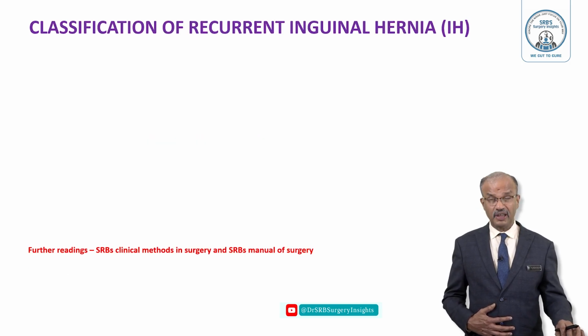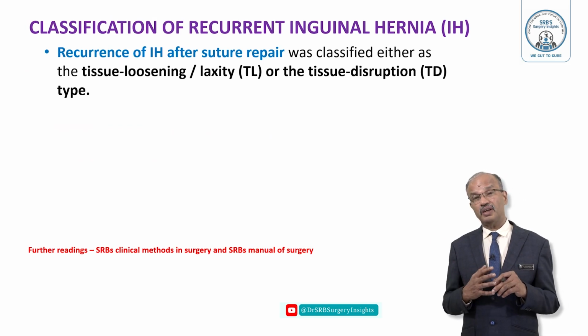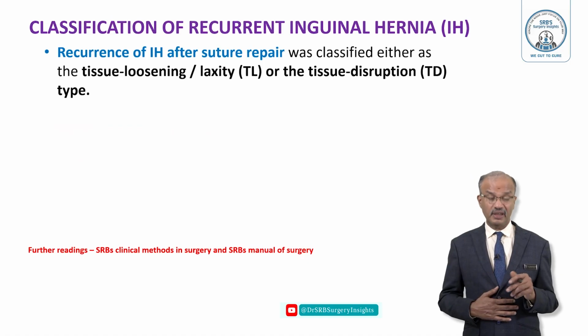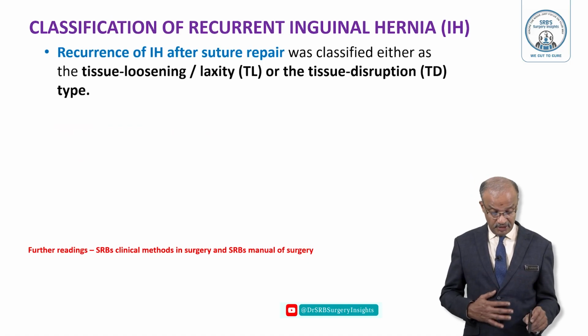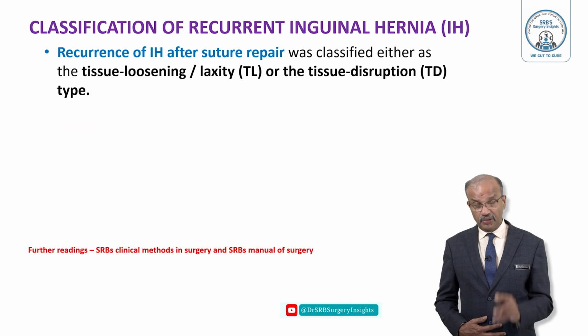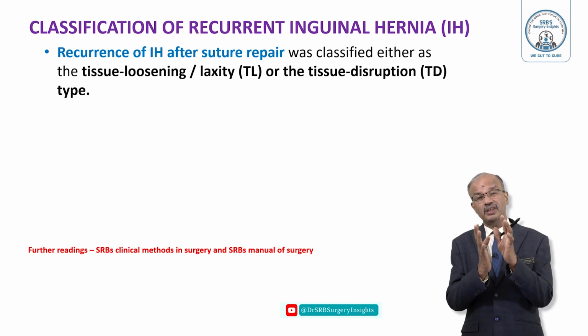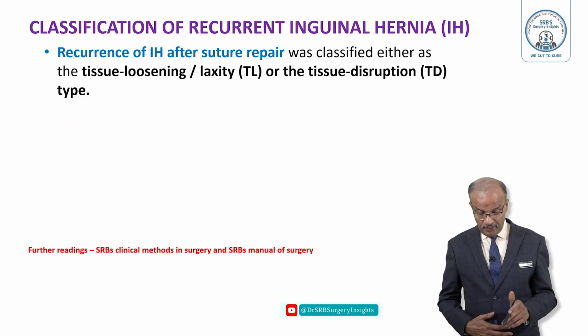There are different classifications. In Nyhus's classification, type 4 is the recurrent one. But currently, for recurrence of inguinal hernia after suture repair versus mesh repair, Bassini's and Shouldice's are the suture repairs.